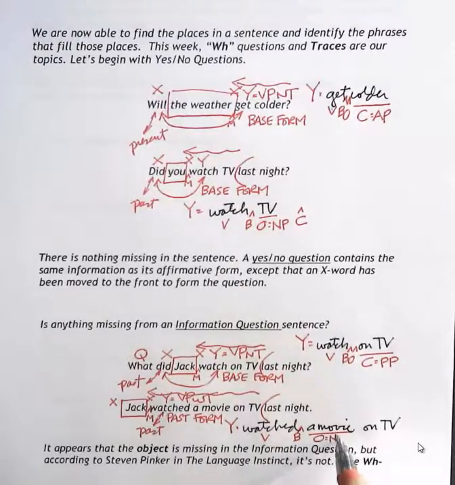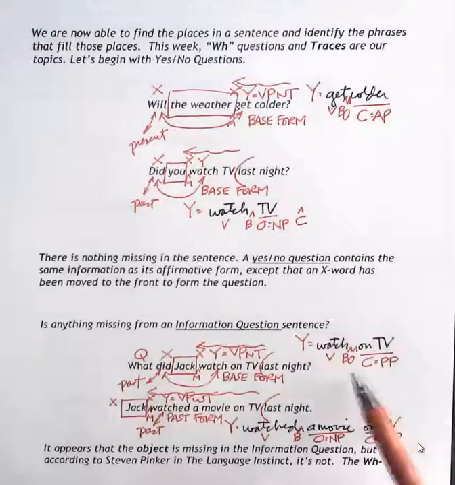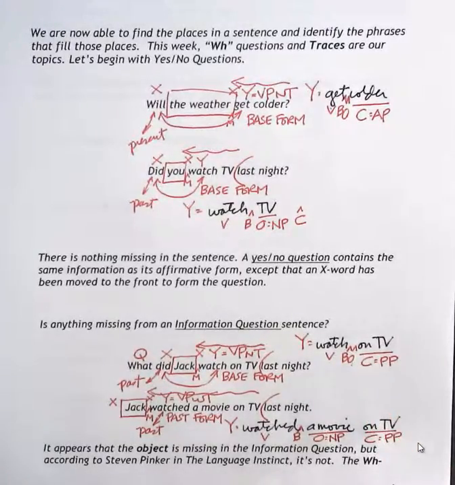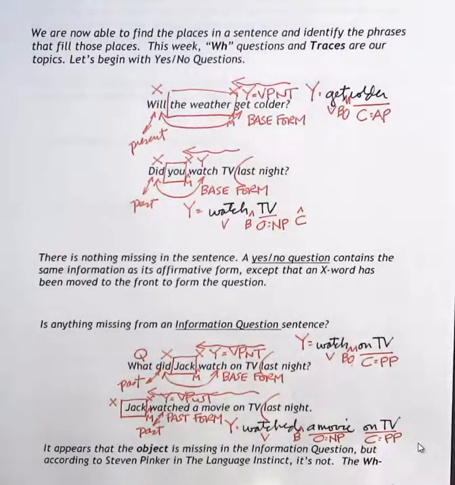It's a noun phrase. On TV is the complement. It's a prepositional phrase. When I compare the question and the affirmative sentence, basically the same sentences, it appears that the object is missing in the affirmative sentence. We can see that. But according to Steven Pinker in The Language Instinct, it's not.